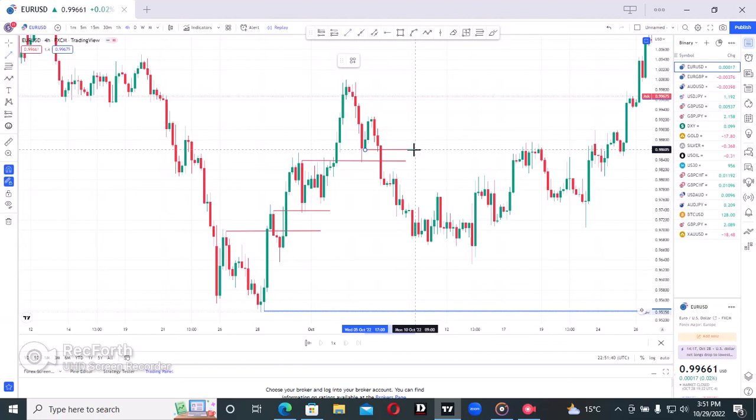But here you can also draw a horizontal line or your key level, just in case this market moves sideways. You can see I don't prefer trading in the ranging market. I usually trade trends, so that I can have more chances to win the trade.